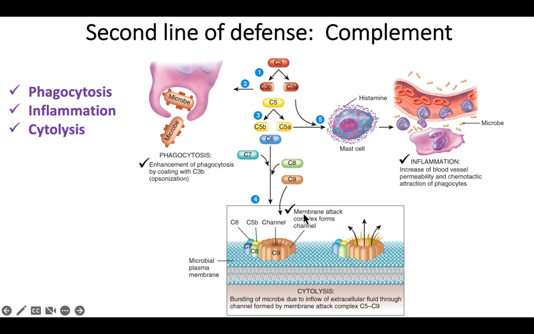So it causes what's called a membrane attack complex. These proteins form this big hole that ends up lysing or breaking open the bacteria. So for complement, just try to remember the three things that complement helps to induce in a response to protect from microbes.